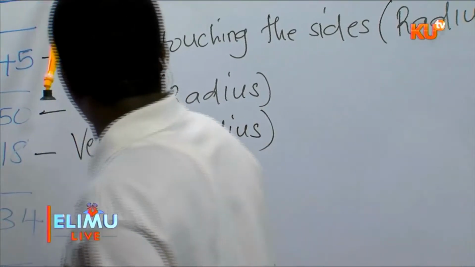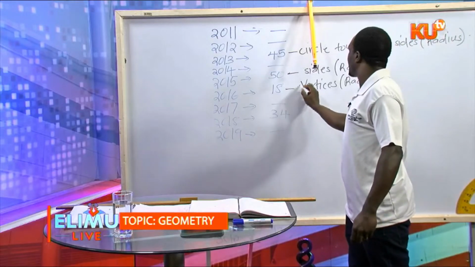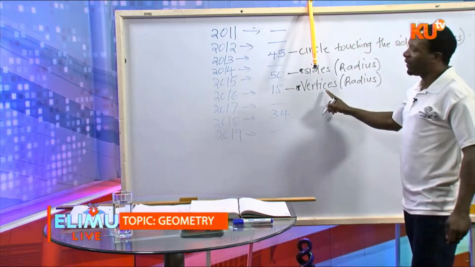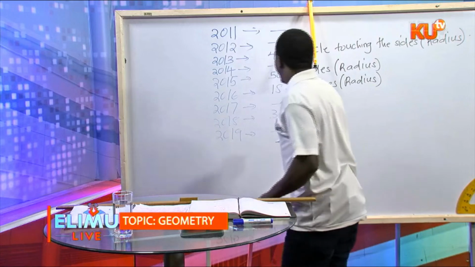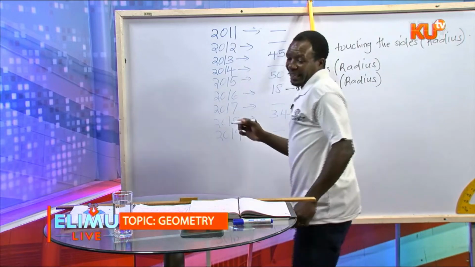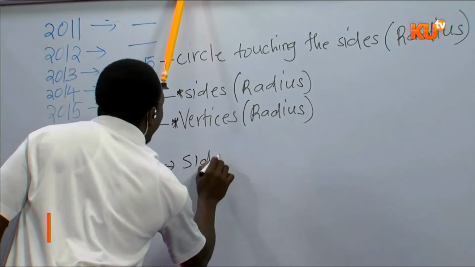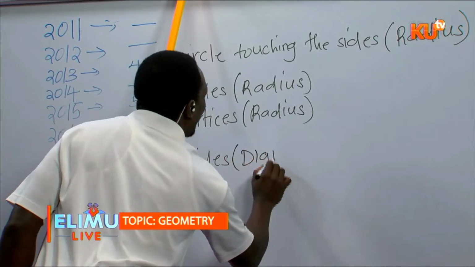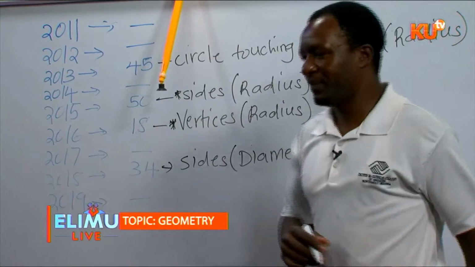When I come to construction, I will explain the difference between this and this one, because that is where our learners get lost. In 2018, they asked about touching the sides, and this time around, they asked about measuring the diameter.